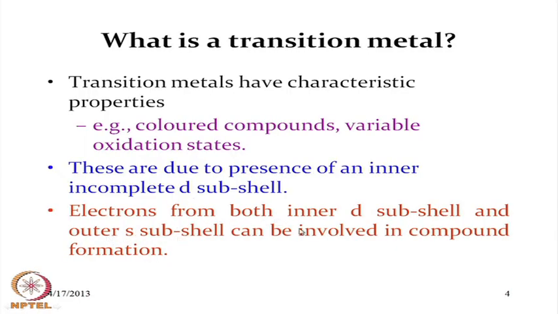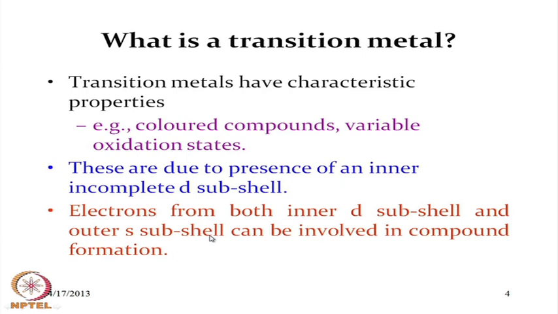So, electrons from both inner d subcell and outer s subcell can be involved in compound formation. So, during the compound formation, if the s subcell electrons are available, it can form bonds where we can have the corresponding complexes of, say, nickel in 0 oxidation state.